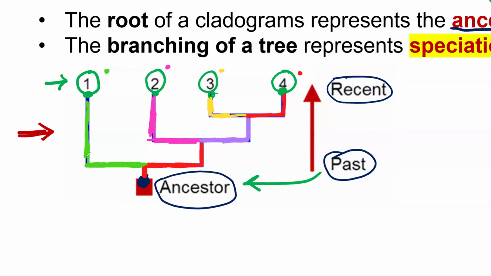Speciation simply means that one original population splits into two, and those two groups become different from one another. They are now different species. Even if you try to make them interbreed, they will not be able to produce fertile offspring.